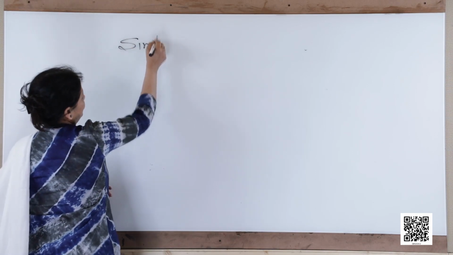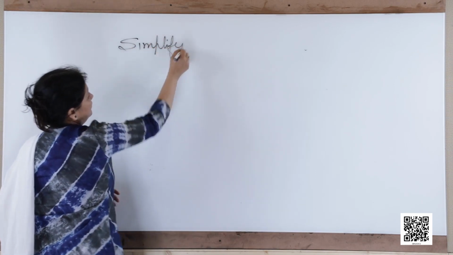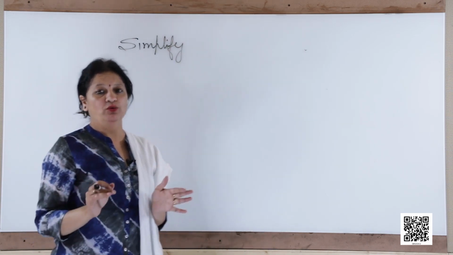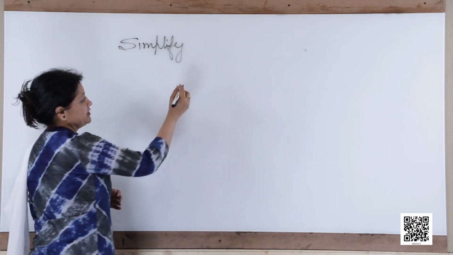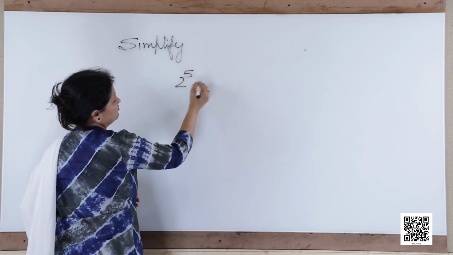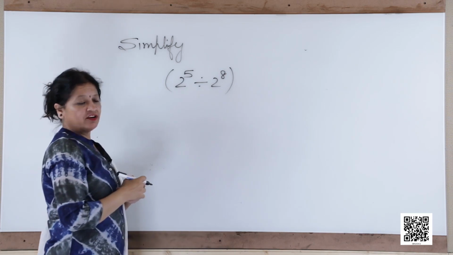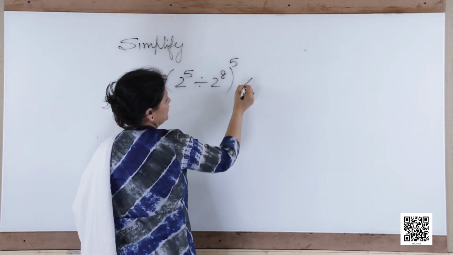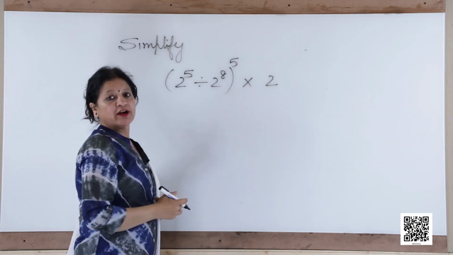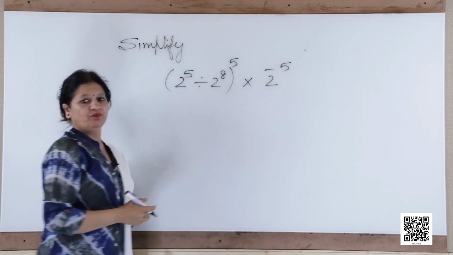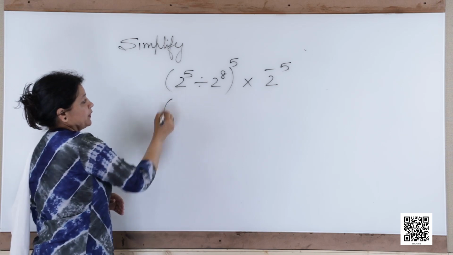Simplify. The question is: simplify and express the result in the form of power only, in exponents only. Like 2 raised to the power 5 divided by 2 raised to the power 8, whole raised to the power 5, into 2 raised to the power minus 5. Let's take this. Now, let's start.